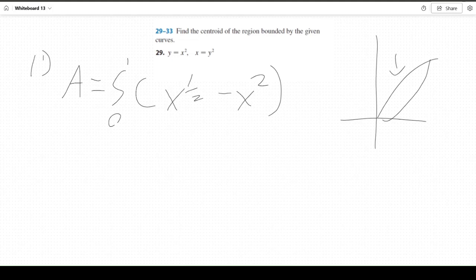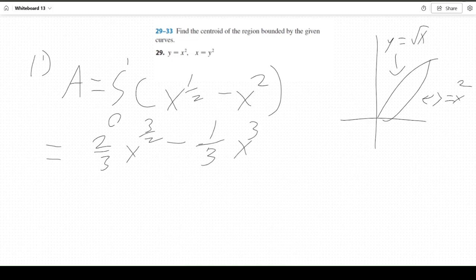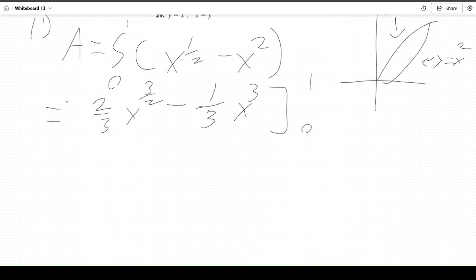So this would be y equals square root of x. This would be y equals x squared. So basically it's top minus bottom, like the areas. Pretty simple. Then we got to integrate it. So this would be 2 over 3 x^(3/2) minus 1 over 3 x to the power of 3 from 0 to 1. And when we plug in these limits, we will get just 1 over 3.